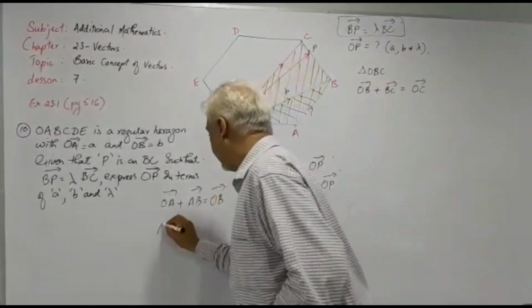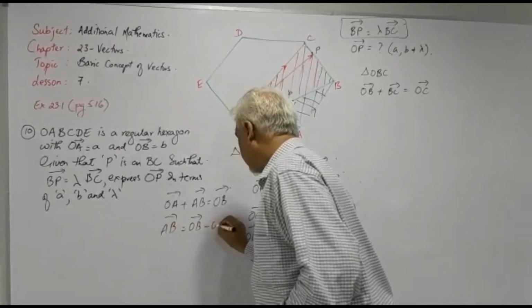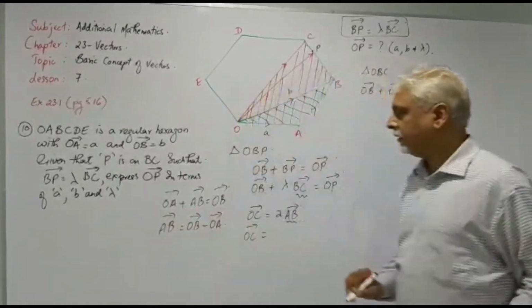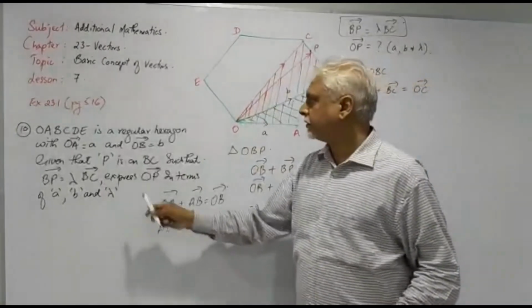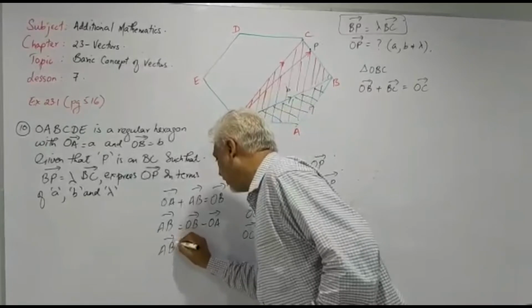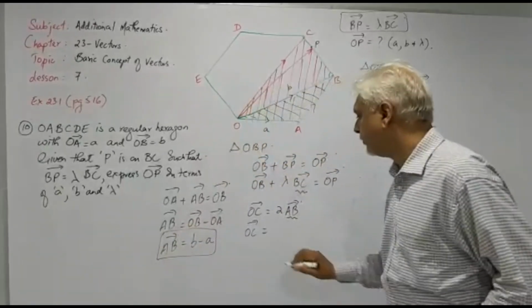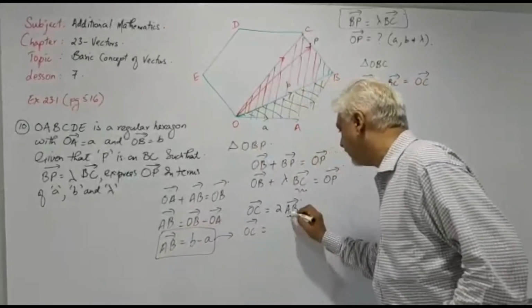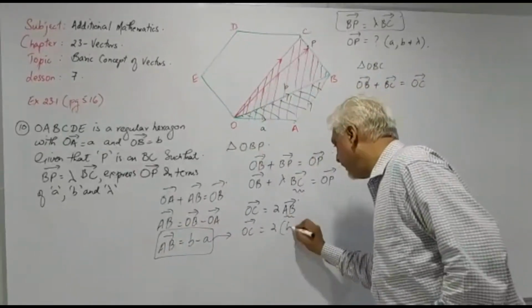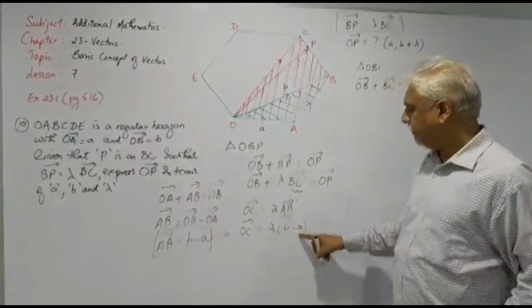Or I can say AB is equals to OB minus OA. And you know that OB is equals to B and OA is equals to A. So AB will now be equals to B minus A. If I substitute the value of AB in this equation, 2 times B minus A, so OC is equals to 2 times B minus A.